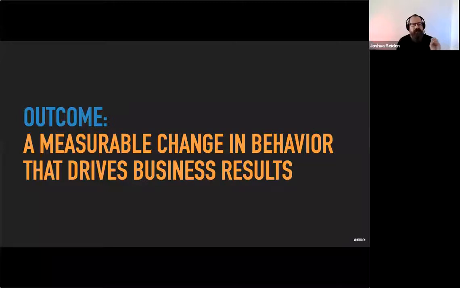An outcome is a measurable change in behavior that drives business results. Specifically, it could be the behavior of our users, the behavior of our customers, the behavior of the people who work in customer service in our organization, the behavior of our team members who are creating the system. A measurable change in behavior that drives business results.